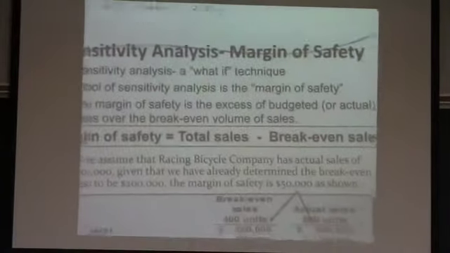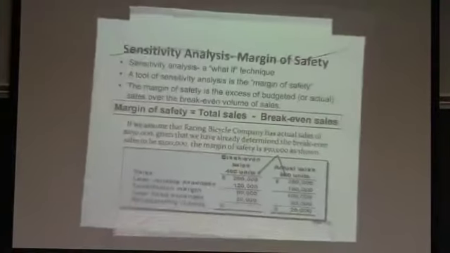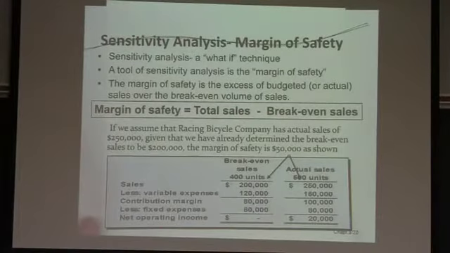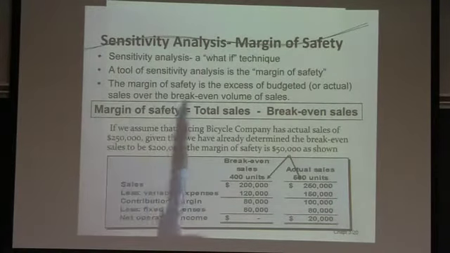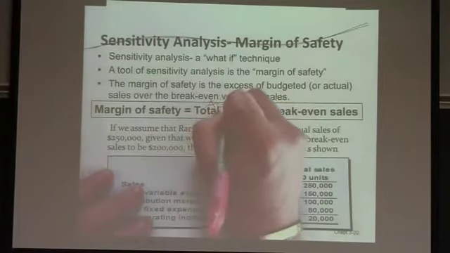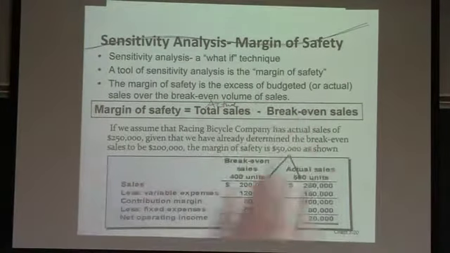A margin of safety is essentially one of those sensitivity tools. This is from your lecture notes. Margin of safety is one of these sensitivity tools that allows us to do a what-if type of technique. It is essentially the difference between total sales, the actual sales, minus break-even sales.